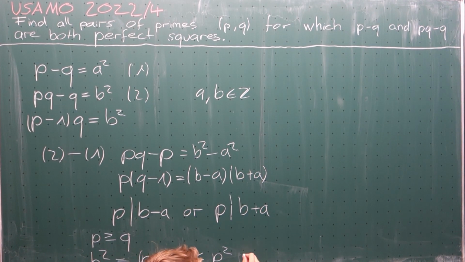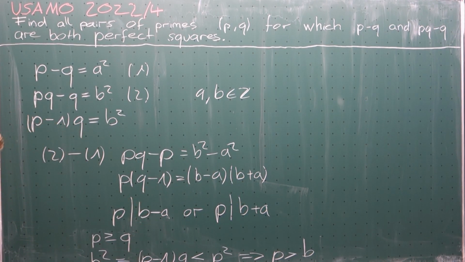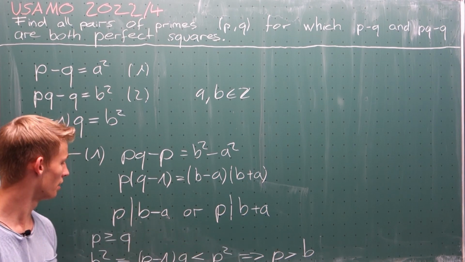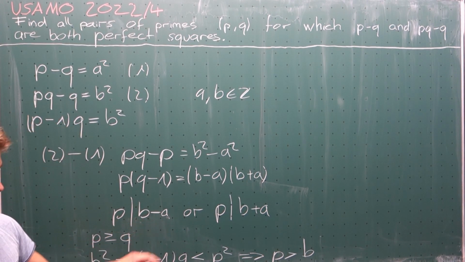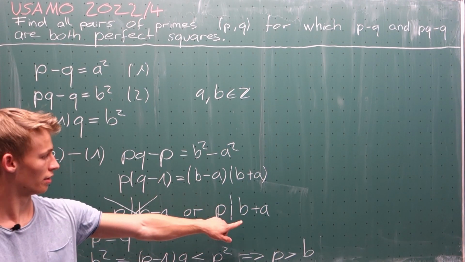And thus, we get that p is larger than b, and since b minus a is less than or equal to b, p is larger than b minus a, and therefore this case is not possible. So we have this other case.